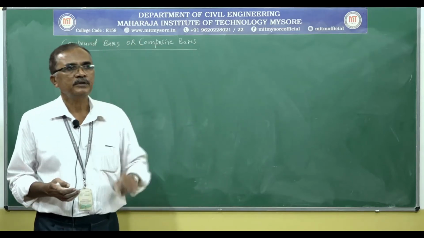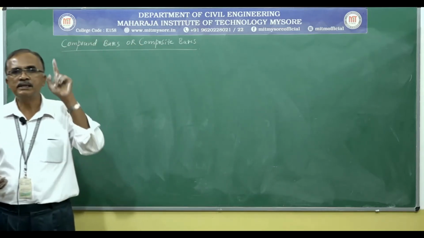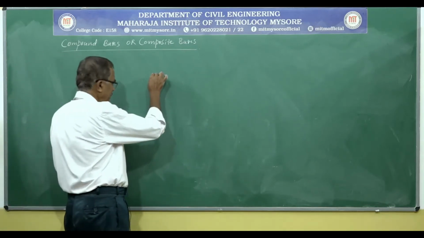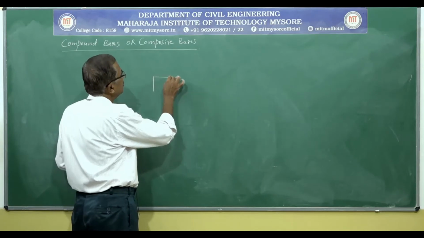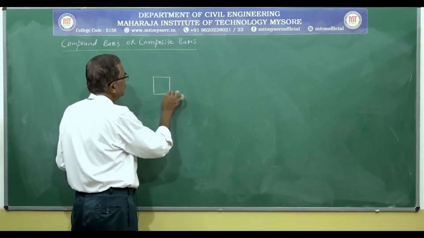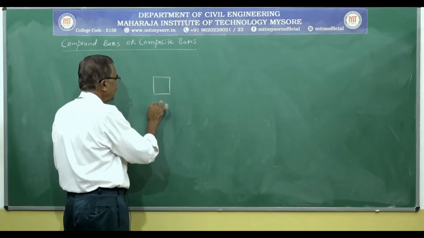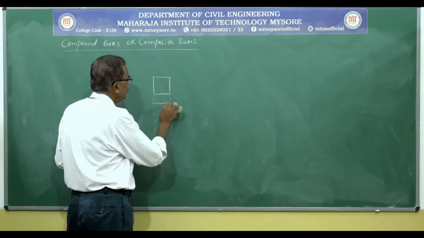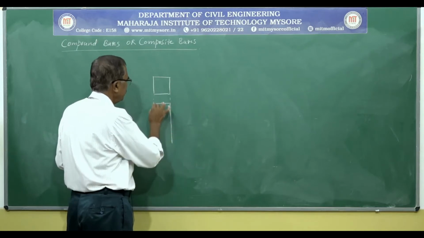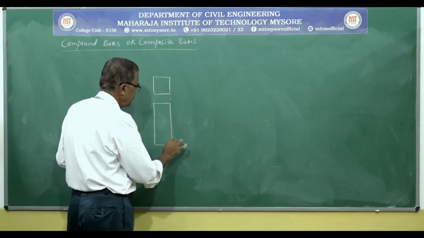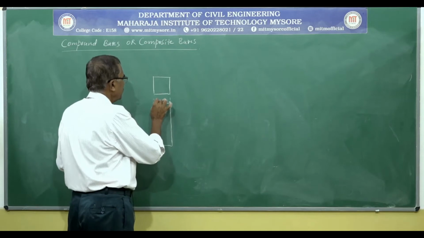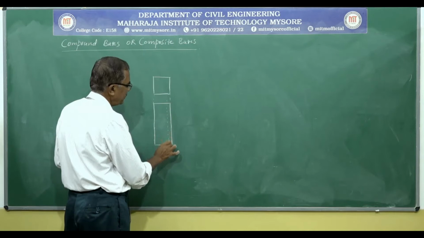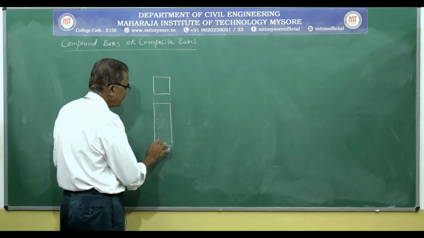Again, I will come back to the RCC column. You might have seen in an RCC column, if I consider a cross section of the column, so this is the cross section, and this is the length of the column, if I consider the longitudinal section also. This is the longitudinal section of the column. Here I cannot see the steel provided, sometimes I can see, sometimes I cannot see.